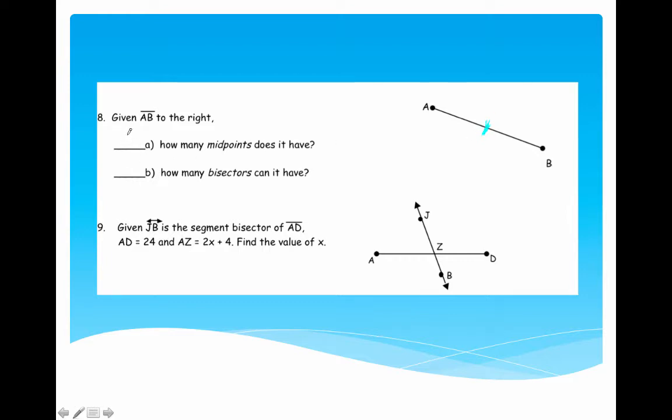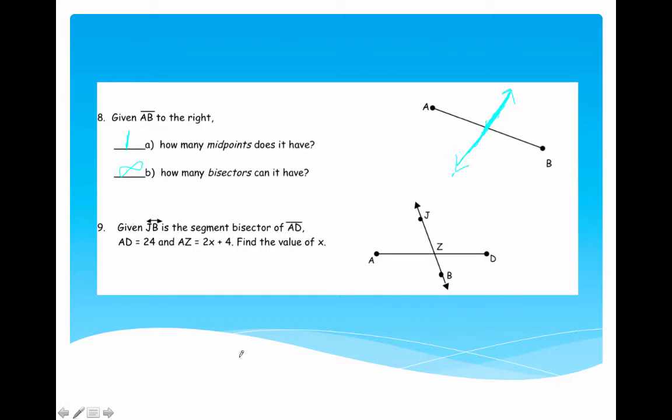It only has one midpoint. It can have bisectors that are rays in either of these directions, or that are segments, and the segments can be any length. So it really can have as many bisectors as you want because of all the different rays and segments that you could draw.